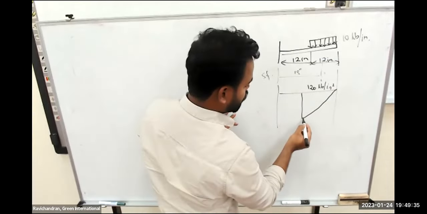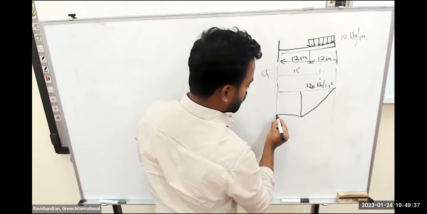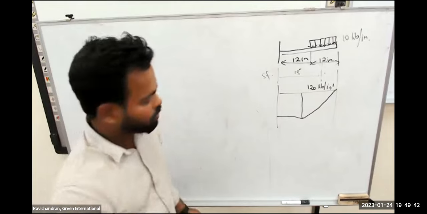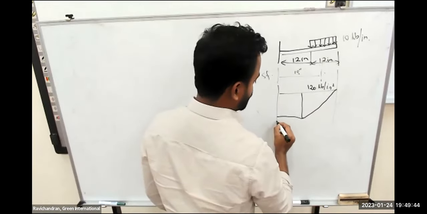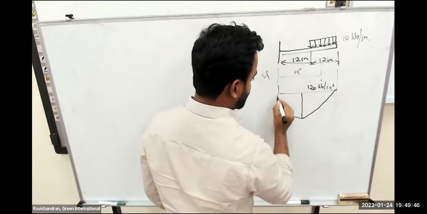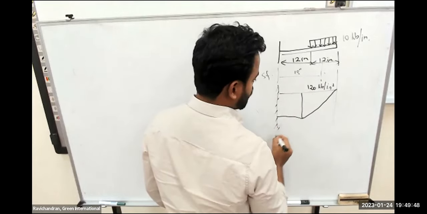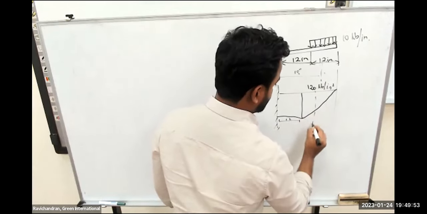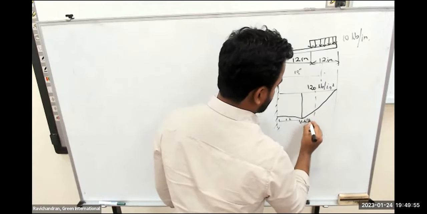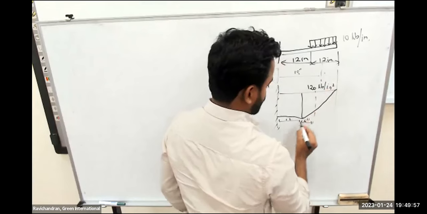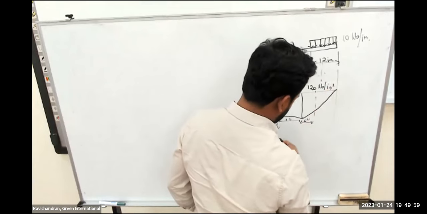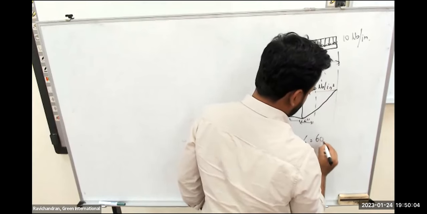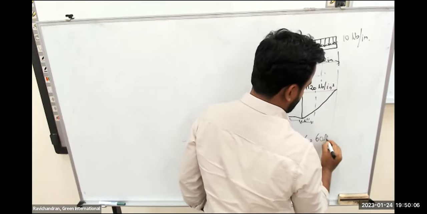After that, there is no load and it is acting straight. Correct? So they are asking for the distance of 18 inches from the wall. So it will be around 12 inches and half of this, 6 inches. So half of this will be 120 divided by 2, which is 60 pounds.